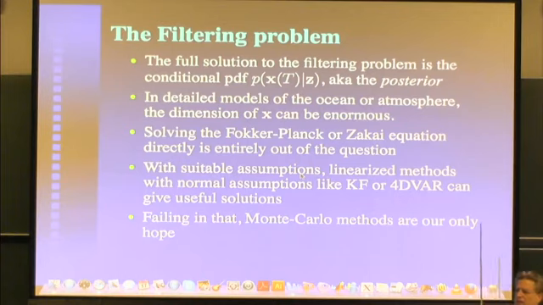What they do is they write down a big positive definite functional of the state as they predict it, that is the deviation from the model and the deviation from the data, and they find a minimum by textbook calculus of variations. And that's what they actually do. But these things are all based on linearized type assumptions. And in the cases where these things fail, your only hope is Monte Carlo.